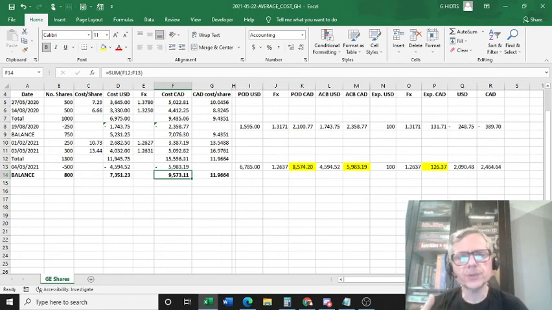Now, how is that different from capital losses? Technically, with a capital loss, you are able to use it against a capital gain.